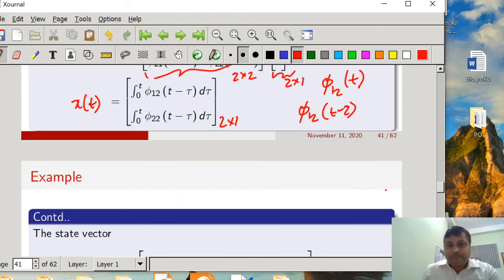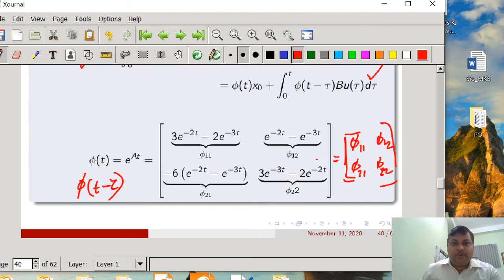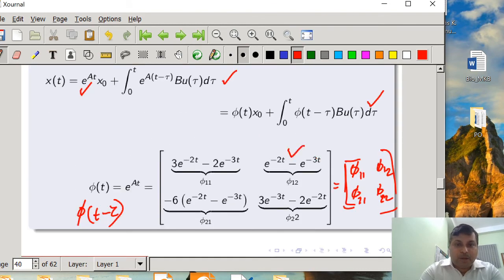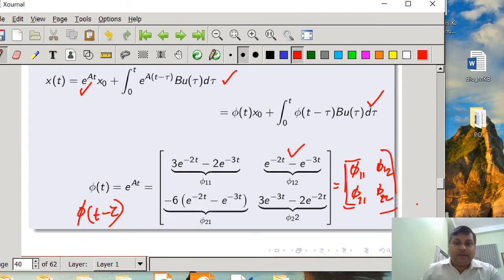So now x of t we have written as the integral from 0 to t of e to the power minus 2(t minus tau) d tau, minus the integral from 0 to t of e to the power minus 3(t minus tau) d tau, because we already know our phi 1 2. Another component is phi 2 2. So t will be replaced by t minus tau, and we will perform the integration.